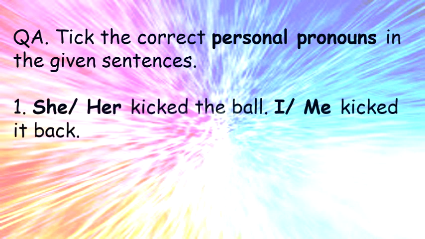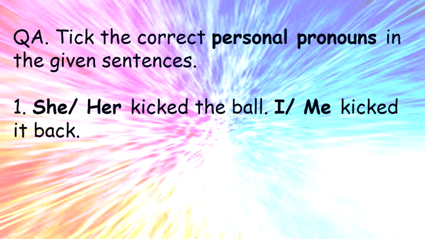So we have the first sentence: she, her, kicked the ball. I, me, kicked it back. Now children, you already know that personal pronouns are those pronouns which are used for persons. At the same time, we have done personal pronouns at subject place as well as at object place.